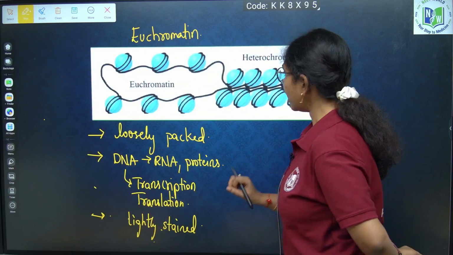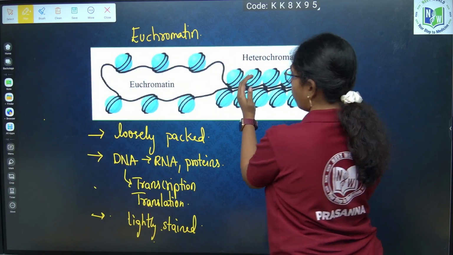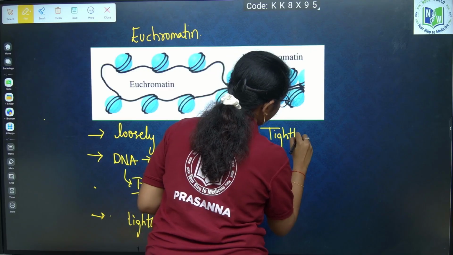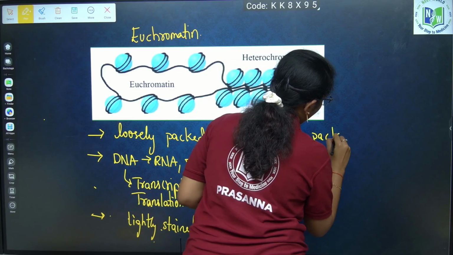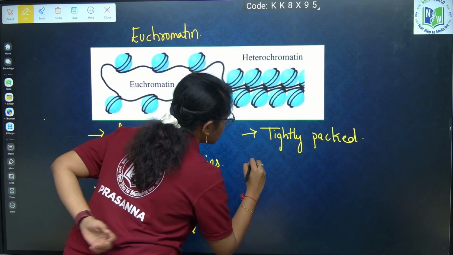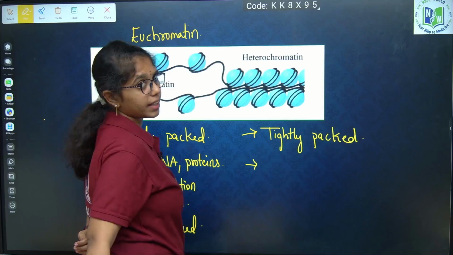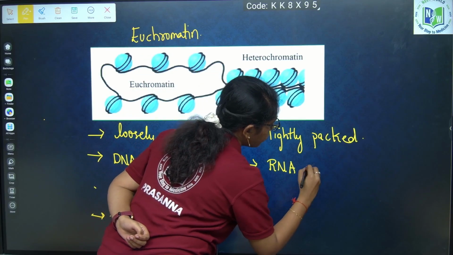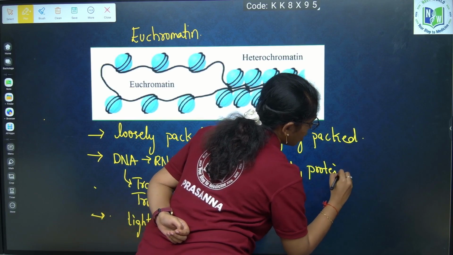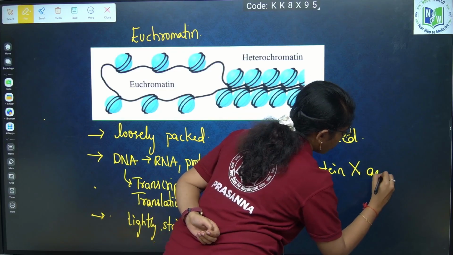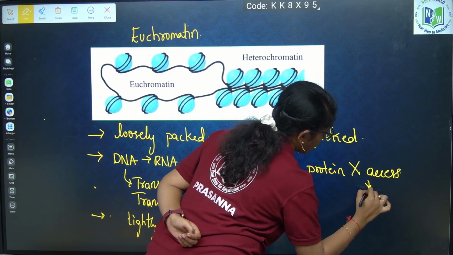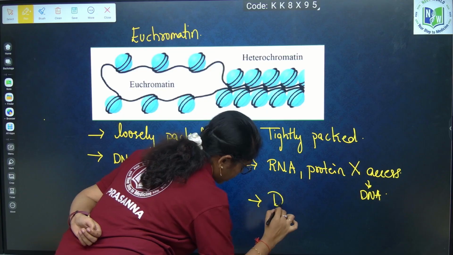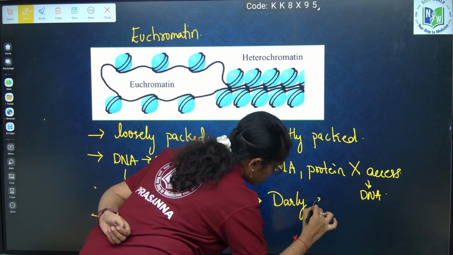Heterochromatin is tightly packed. RNA and proteins cannot access the information present in the DNA, and this is darkly stained.